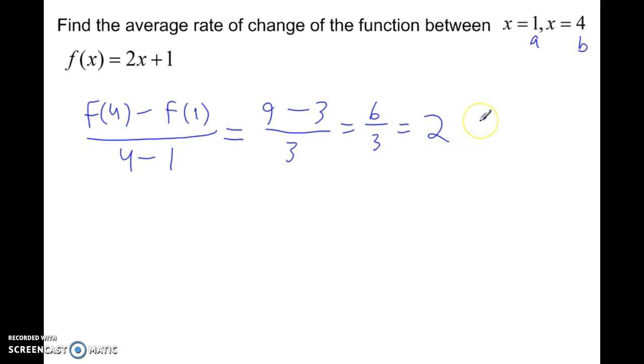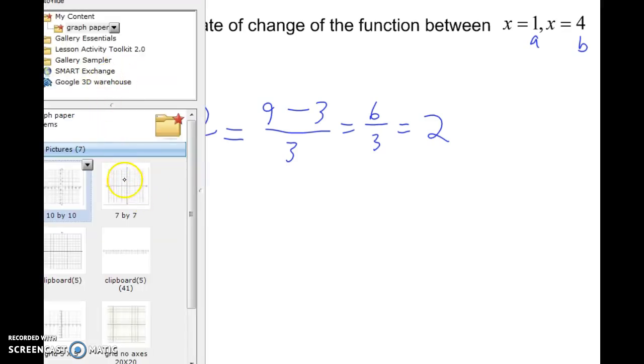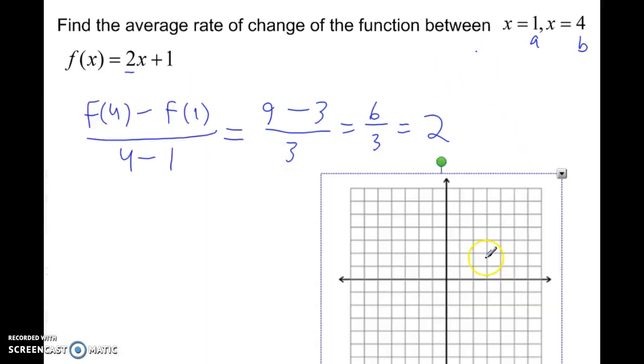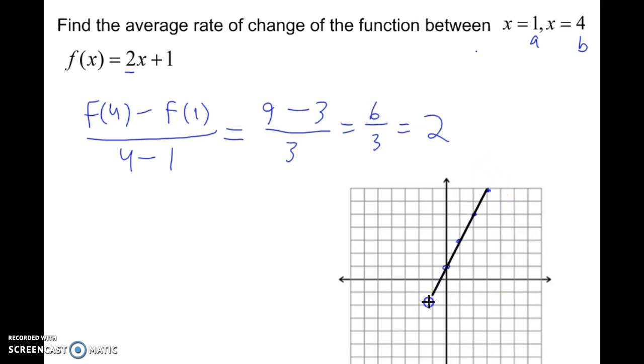So the average rate of change of the function is 2, which actually shouldn't surprise you. What's the slope of this function? It's 2. If you think about what the graph of this might look like, 2x plus 1 is right here. It looks like a slope of 2. Really everywhere on this line, the slope is 2.